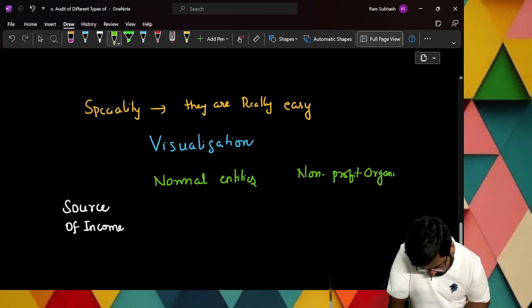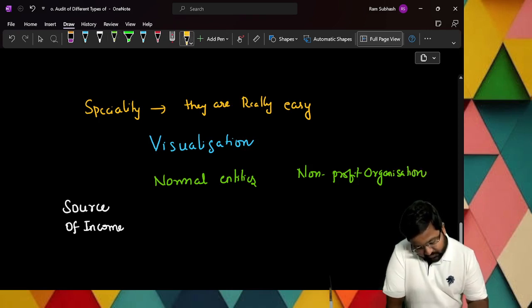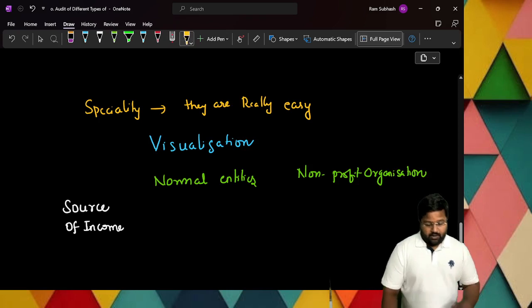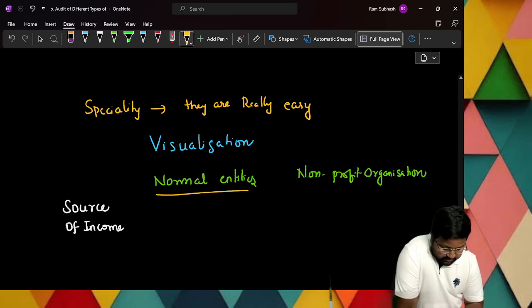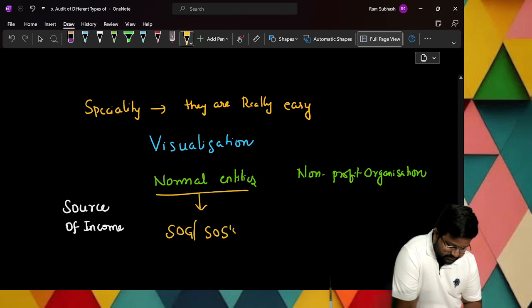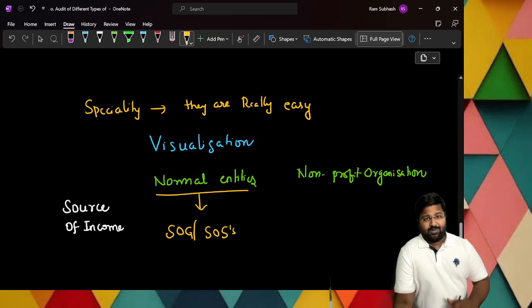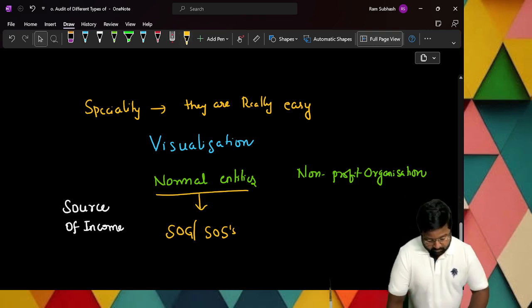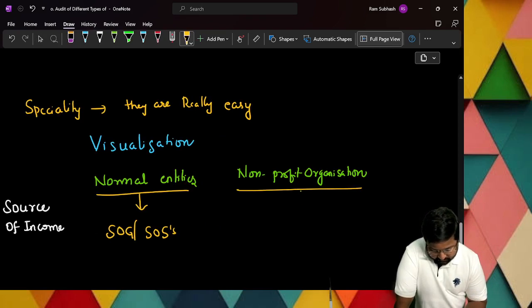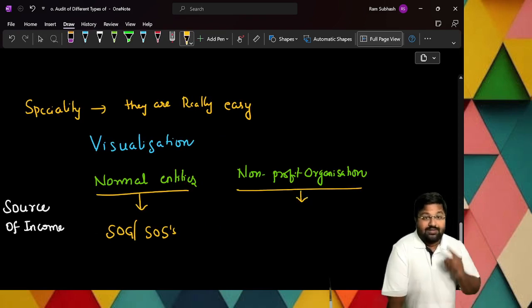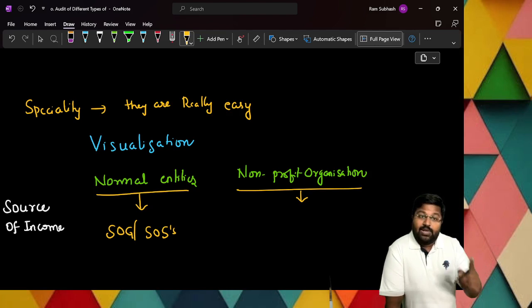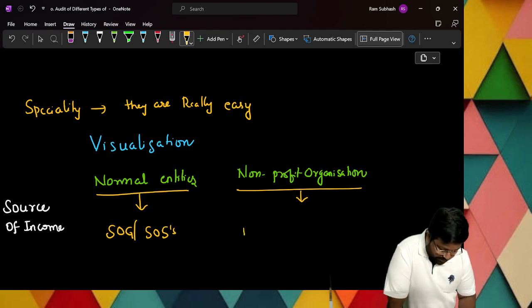For normal entities, the source of income will be either from supply of goods or supply of services. They will have income from this area. However, in the case of non-profit organizations, their source of revenue will be from multiple areas. They have multiple revenue sources.